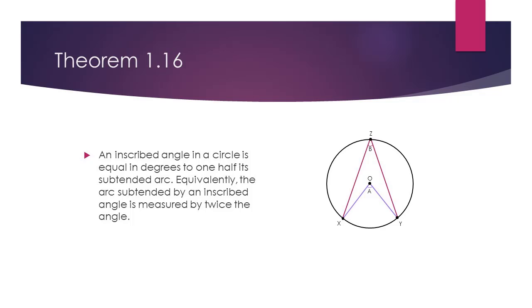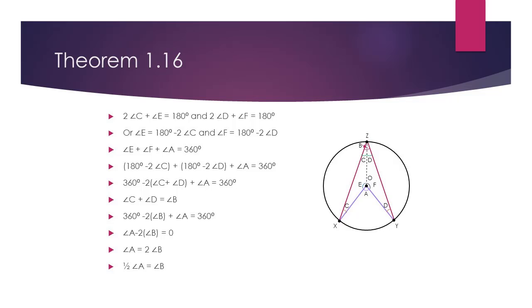So if you look at this next picture, we drew another line from the center O to point Z. So we've made two triangles. Each of those lines are radii. So therefore, OX equals OY equals OZ, since they're radii. So two sides of each triangle equal each other, and therefore, it's an isosceles triangle.